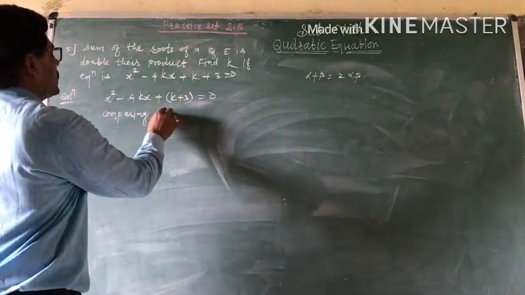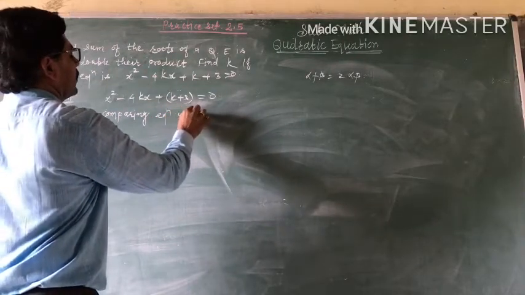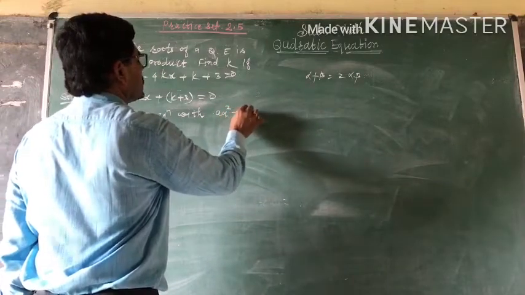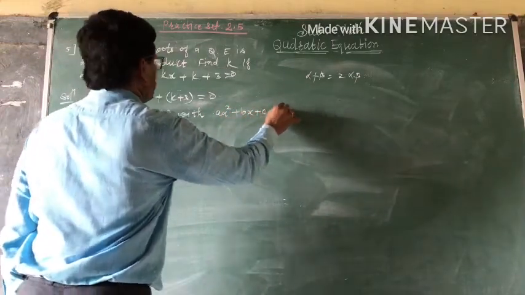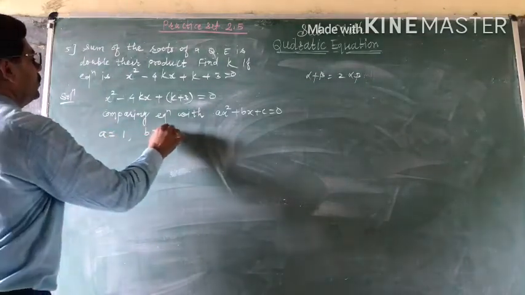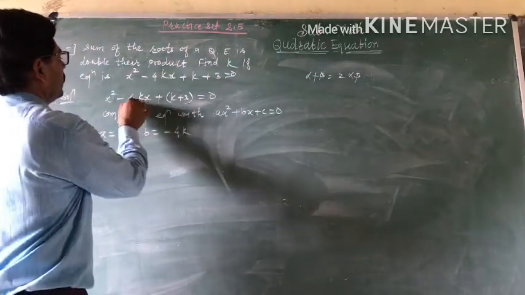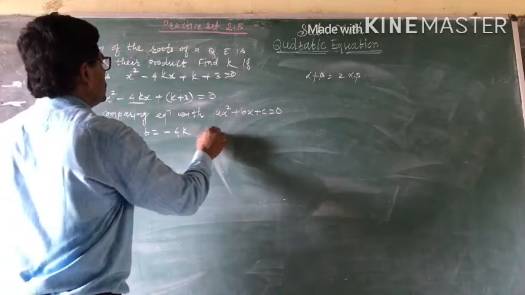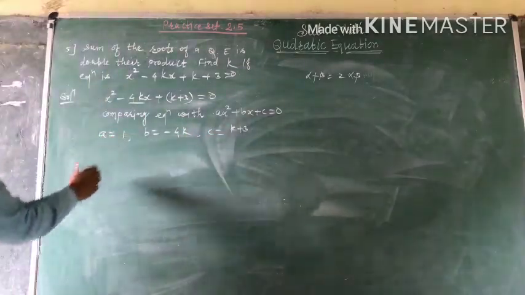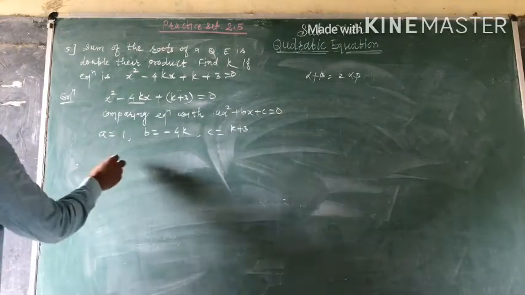Comparing the equation with x square plus bx plus c is equal to 0, therefore a is equal to 1, b is equal to minus 4k, and c is equal to k plus 3. And from these values, we find alpha and beta.